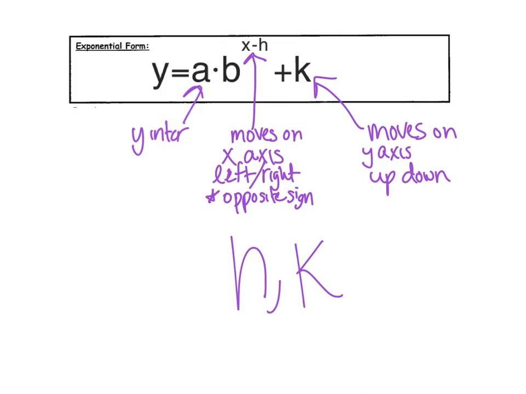We now have this J-shaped or L-shaped curve, and it's going to be moving based on the h and the k. The h goes left or right. The k goes up or down. A is the y-intercept. So all of these features can help us figure out how to write an equation and then also how to graph it.